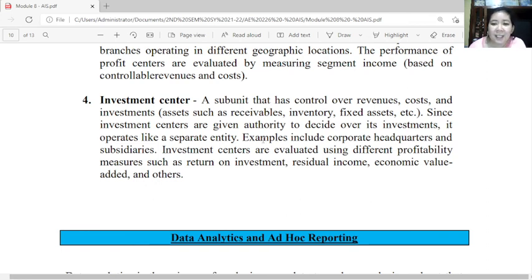What are the examples? Corporate headquarters and subsidiaries. Investment centers will be evaluated using different profitability measures, such as ROI, residual income, EVA, and others. This is how the investment center will be evaluated. Those are the different responsibility centers under responsibility accounting.